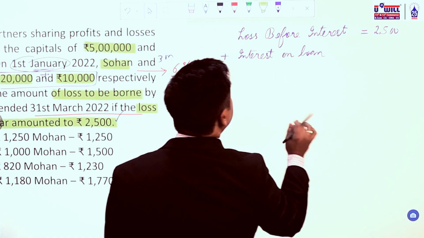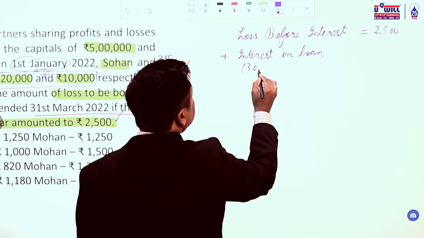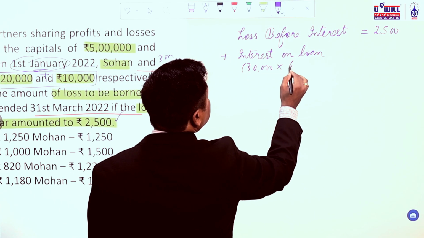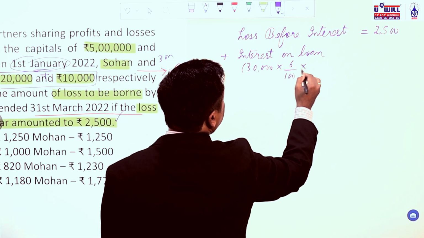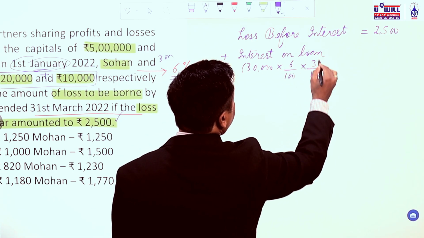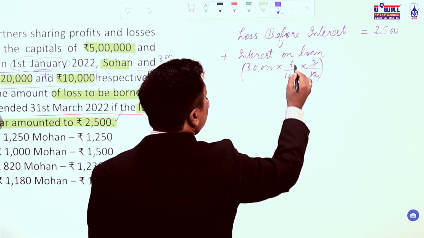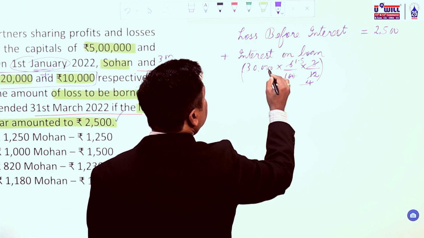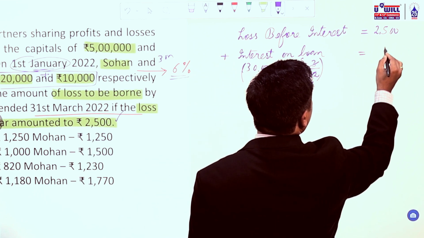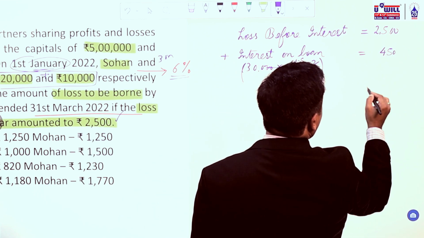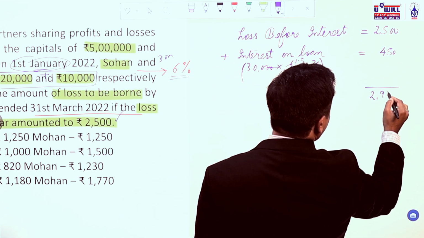So 30,000 into 6% into 3/12 is 450. Now I'm adding it because it's a loss. So the loss will become 2,950.